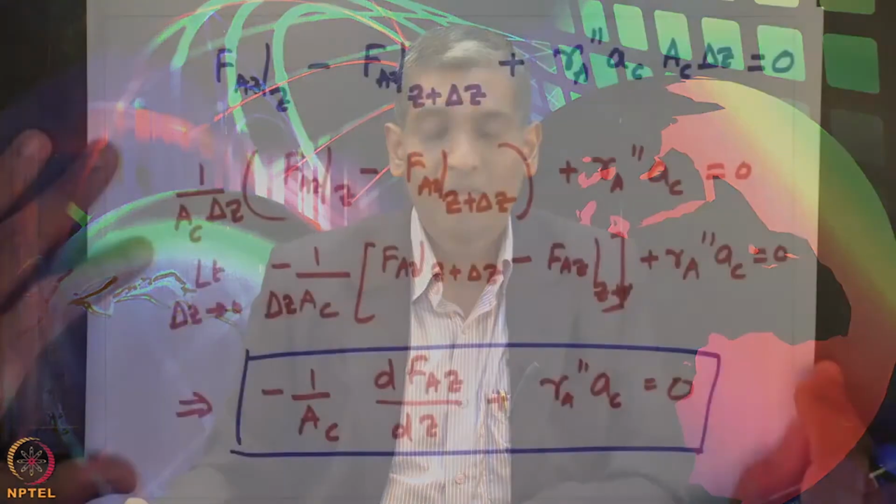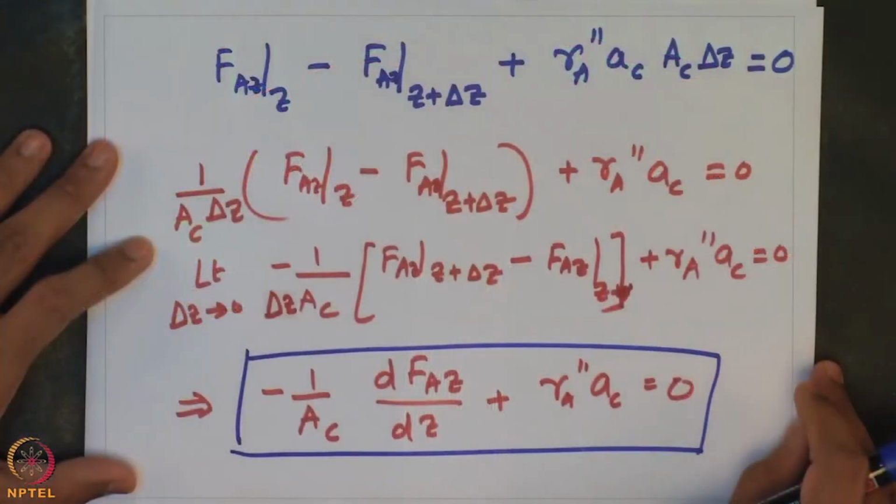We have assumed that all processes are one dimensional. We assume that the concentration of the species in the cross section is uniform, which means that the gradients are negligible in the cross section of the reactor. How do we find this rate now, Fa at Z?